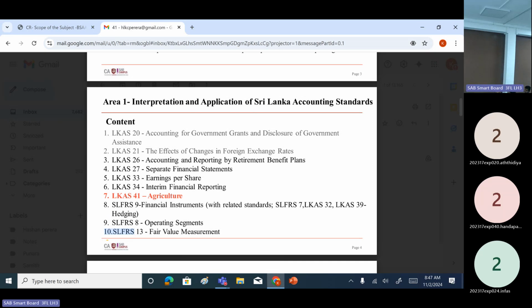For the technical standards, this is area number 1. Area number 2 is all about consolidation.